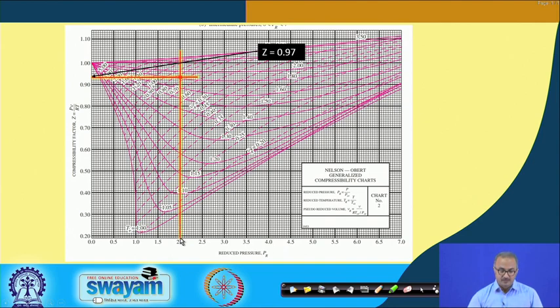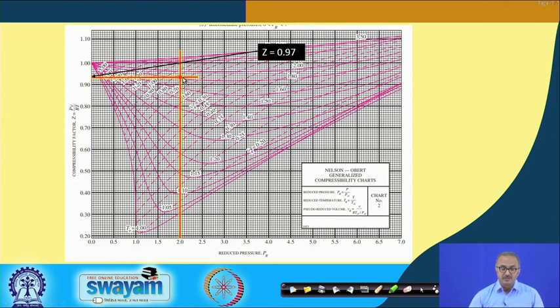So we first locate the reduced pressure on the x axis and then move vertically up, and then we try to locate the reduced temperature. To locate this reduced temperature point, please understand that you may have to interpolate between two curves. So you need to know the interpolation formula.